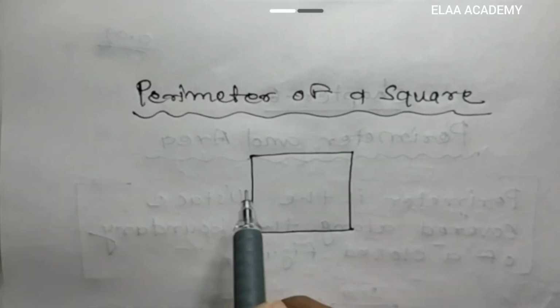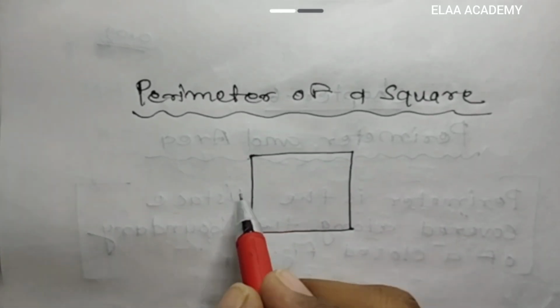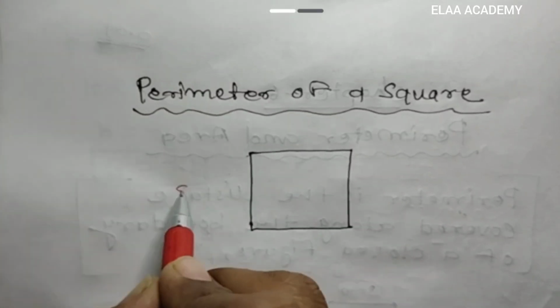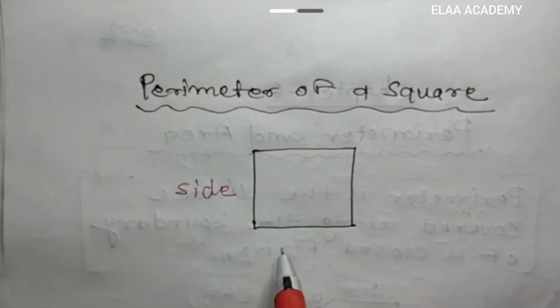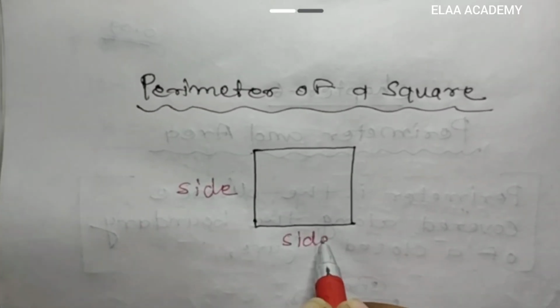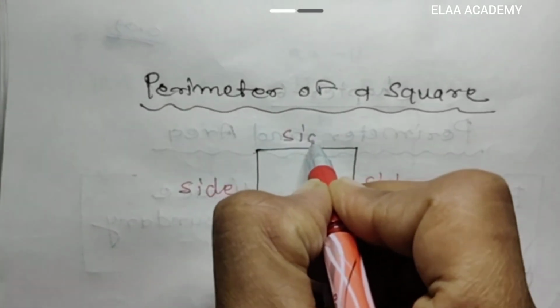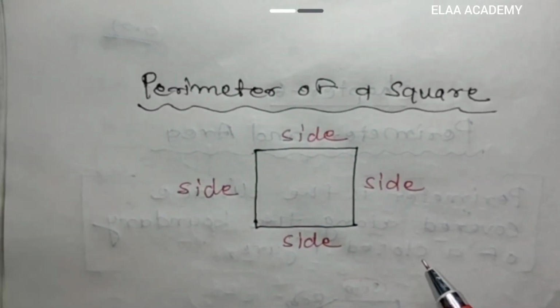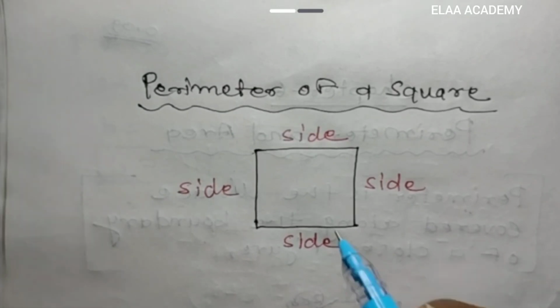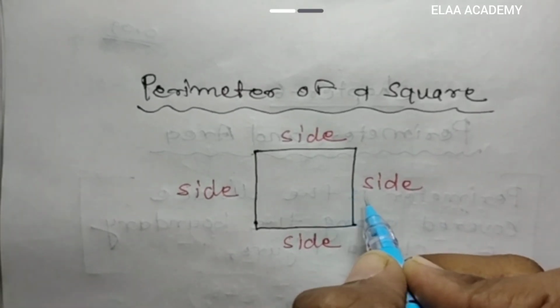It looks like this. We know all sides of a square are equal.